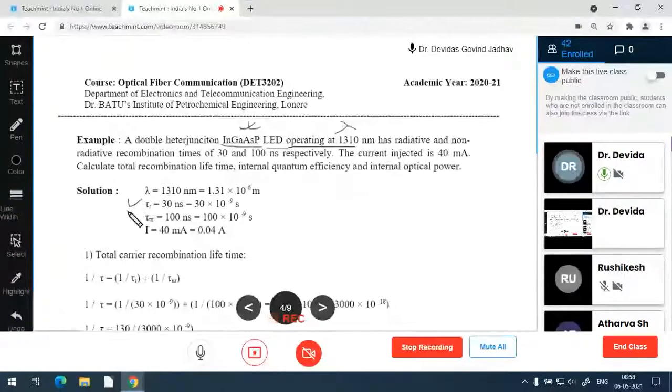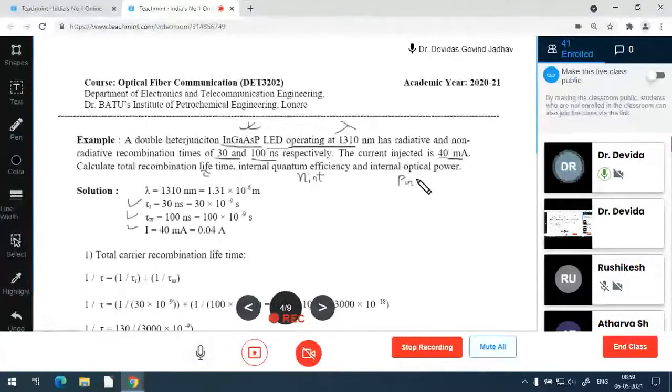Tau r is 30 and tau nr is 100 nanosecond respectively. The current injected is 40 milliampere, so I is 0.04 ampere. Calculate the total recombination lifetime tau, the internal quantum efficiency eta internal, and the internal optical power.